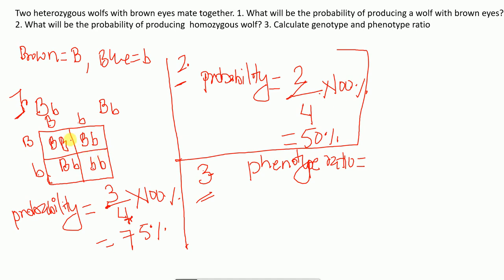So out of the 4 cases, in 3 cases we will get the wolf with brown eyes. So it's basically 3:1, brown is to blue. So this is our phenotype ratio.